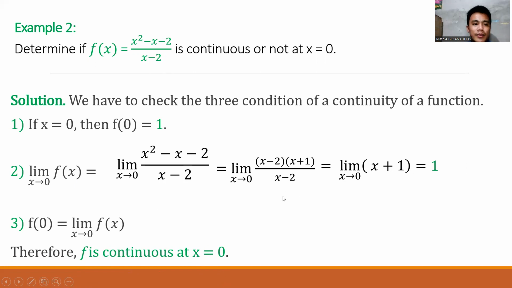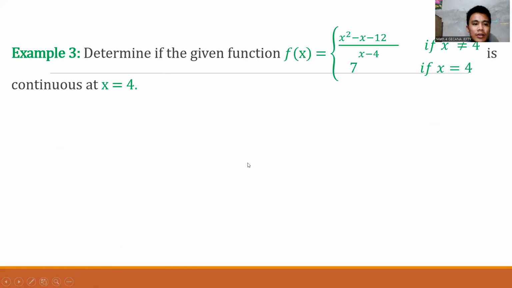So next, example 3. We will determine if the given function f of x equal to x squared minus x minus 12 over x minus 4 if x is not equal to 4, and 7 if x is equal to 4, is continuous at x equals 4. So we have a piecewise function again. We apply again the three conditions of continuity of a function.